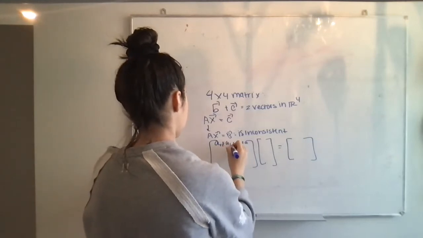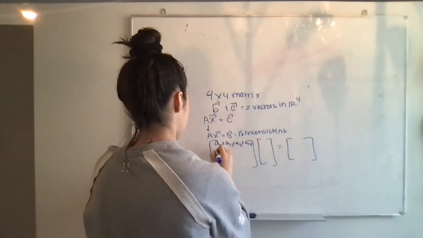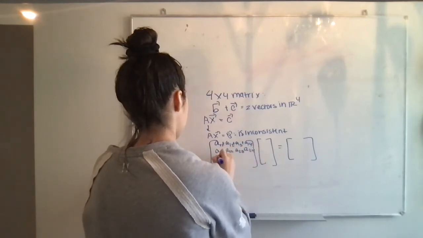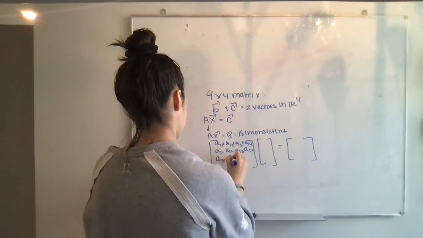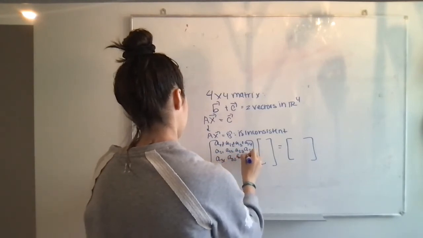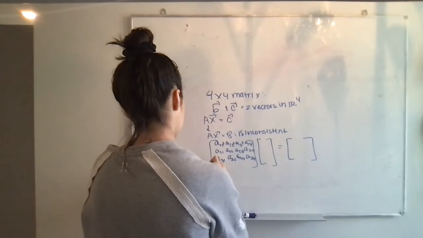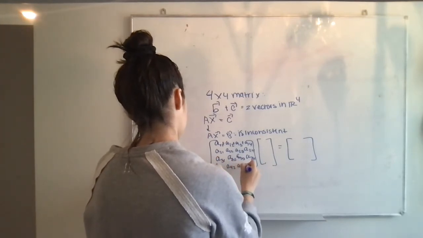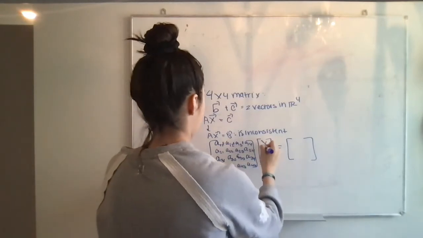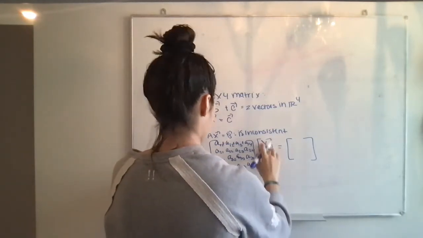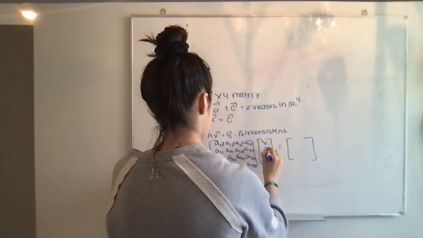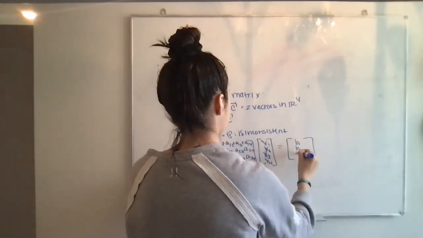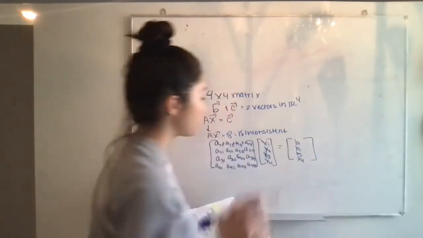So that'd be a 1,1, a 1,2, a 1,3, a 1,4, a 2,1, a 2,2, a 2,3, a 2,4, a 3,1, a 3,2, a 3,3, a 3,4, and a 4,1, a 4,2, a 4,3, a 4,4, times X1, X2, X3, X4 equals B1, B2, B3, B4. This is what we've got here, right?